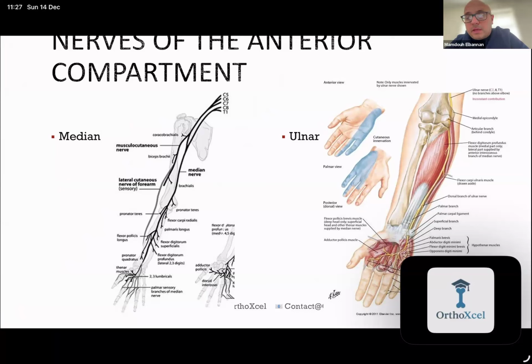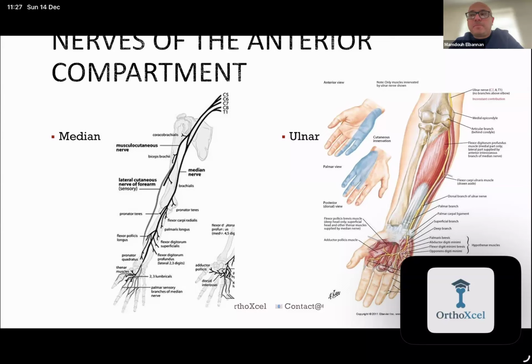What are the main supplies for the median nerve in the hand? If I ask you today, you can summarize them as 1, 2, 3, 4, 5, 6. I don't need this. I need you to know the clinical importance. If we talk about the anterior interosseous nerve and the median nerve, why is it important?